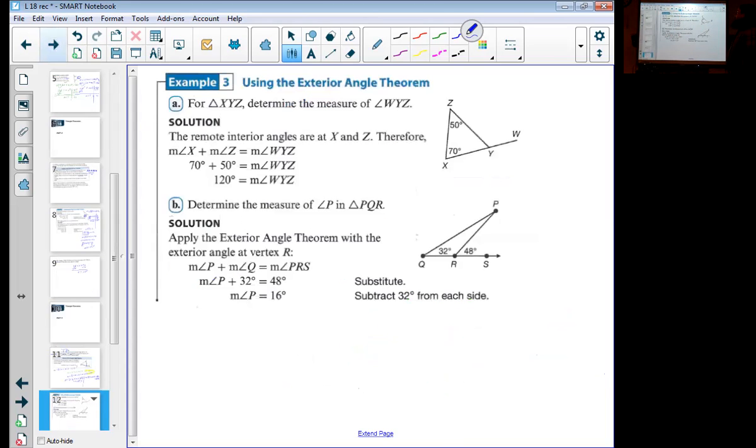So using the exterior angle theorem, for triangle XYZ, determine the measure of angle WYZ.